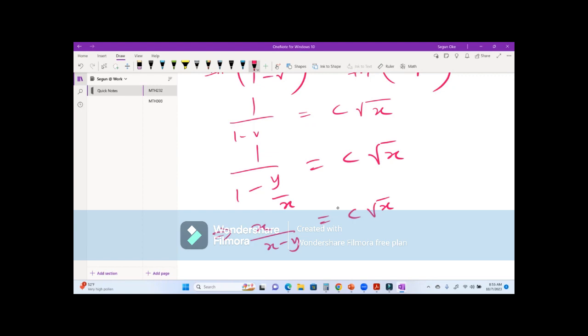I can multiply both sides by, remember, I'm looking for my value. Let's see how we can get it out of this place.